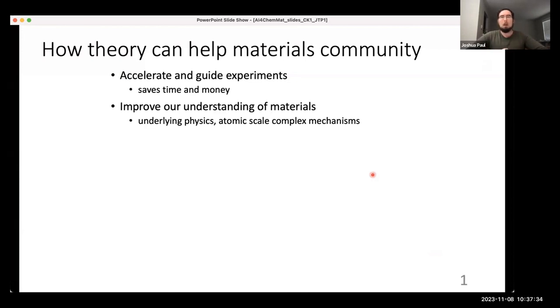But simply put, by using theory, experimental efforts are able to be accelerated, guided by the theoretical discoveries. So instead of trying to search through tens of thousands of materials for something that'll work for their problem, they only have to search through 10 or so. That's much more reasonable for a PhD student or a postdoc to manage.